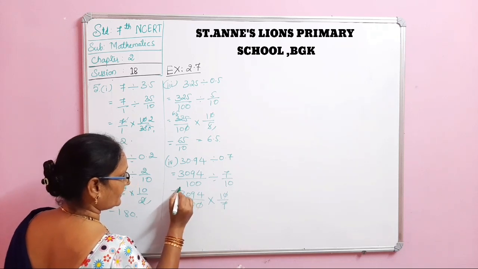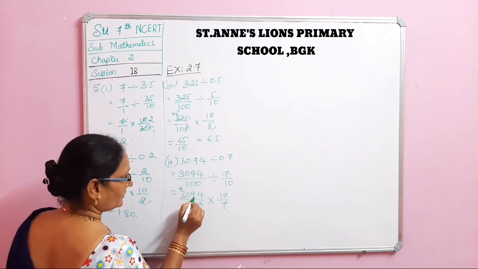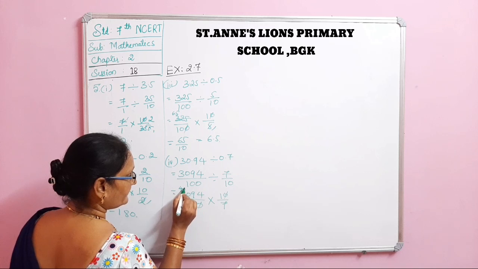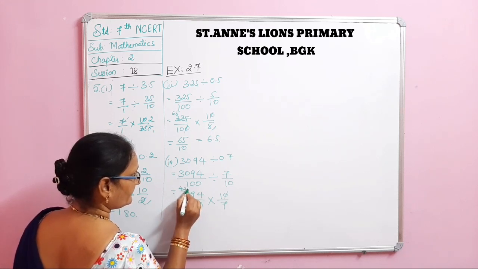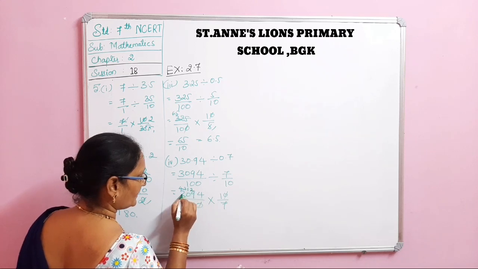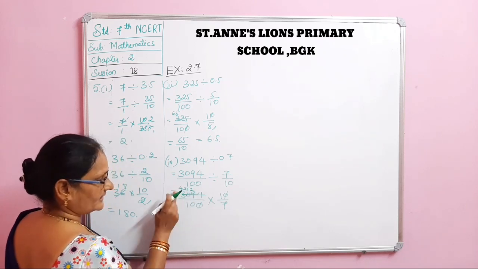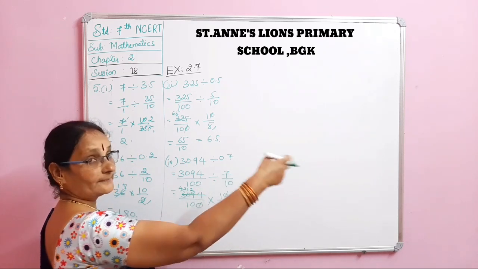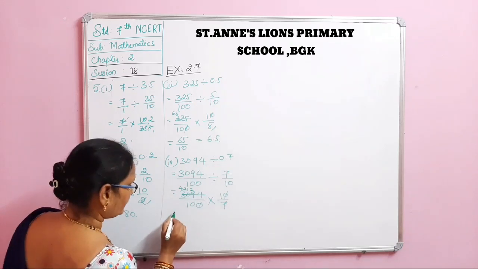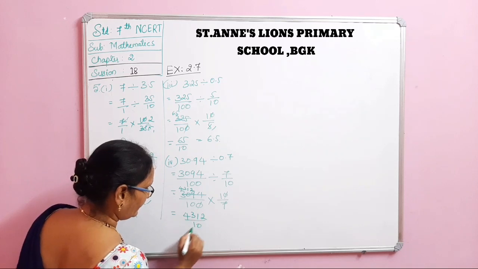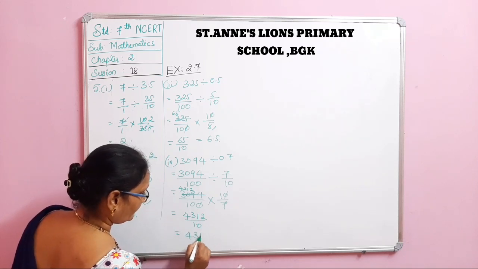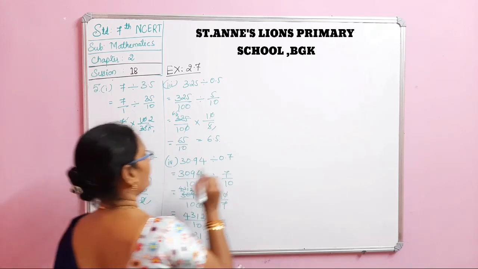Here 7 4s are 28, 2 remained, 29, 7 3s are 21, 84. Or if you cannot do it directly like this, you can take this into the working column and solve it out. So this is 4312 by 10, which is equal to 431.2. That will be the answer.